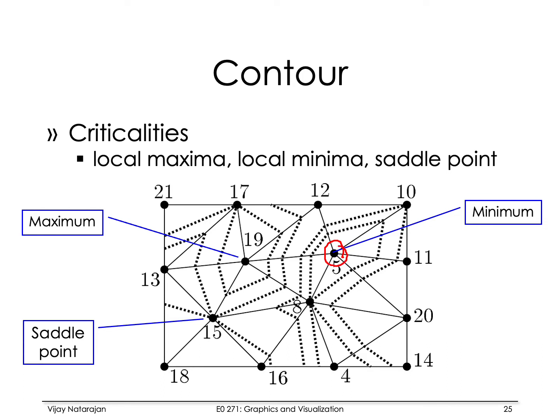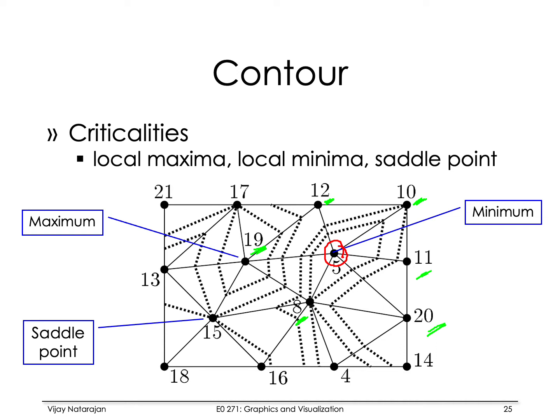And we can see that easily because we have a linear function within each triangle. By looking at all the triangles that contain 5, we see that 5 is the smallest value among them. For example, 5 is less than 12, 10, 11, 20, 8, and 19. So 5 is a local minimum.